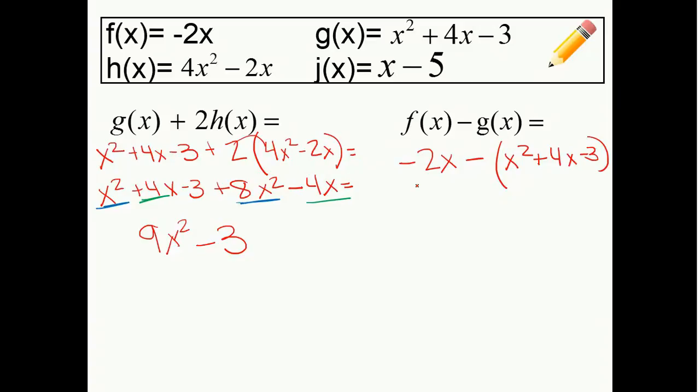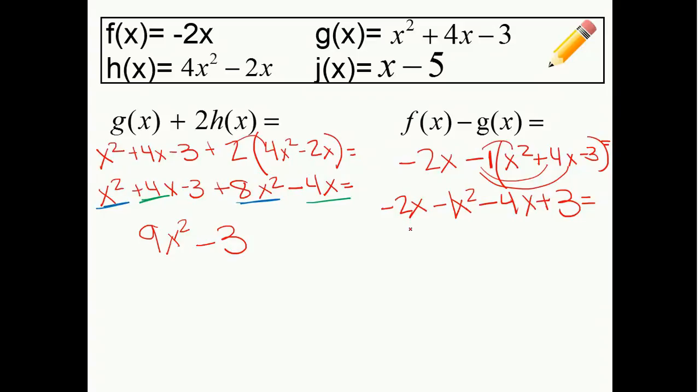I actually have to make sure that negative goes to everybody in g of x. So I'm going to distribute what is technically a negative 1 to all 3 of those terms. So negative 1 times x squared is negative 1x squared. Negative 1 times 4 times x is negative 4x. And negative 1 times negative 3 is a positive 3.